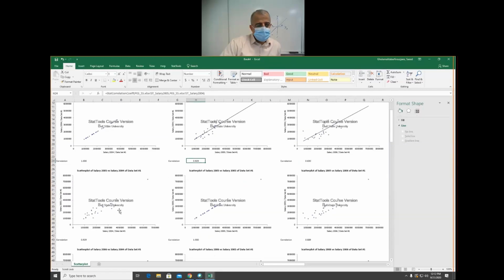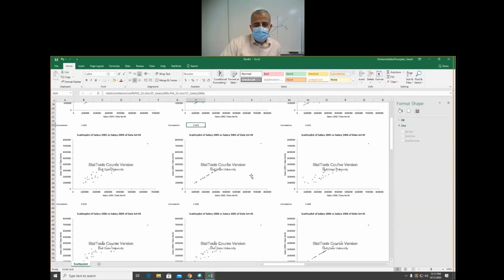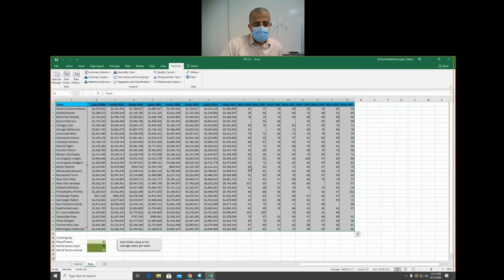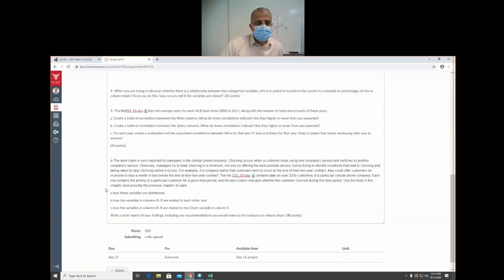And you can check that visually with this scatter plot. Questions? Let me close this file. Go to the next part. For each year, create a scatter plot and associate correlation between wins and the year.